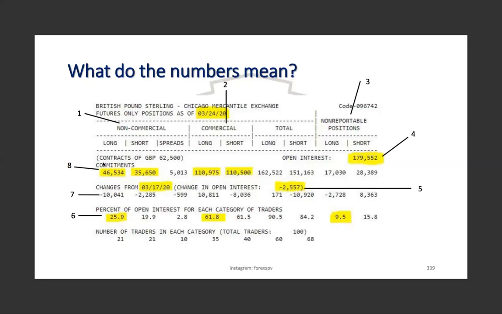Now you come to look at the non-commercials. We have changes. It's 46,000 as the number of longs, but then these are changes from the previous week. Here we have seen the number of longs that they have closed, around 10,000.